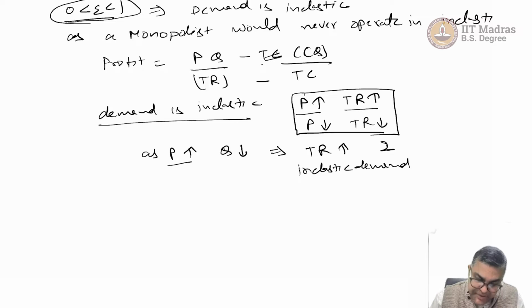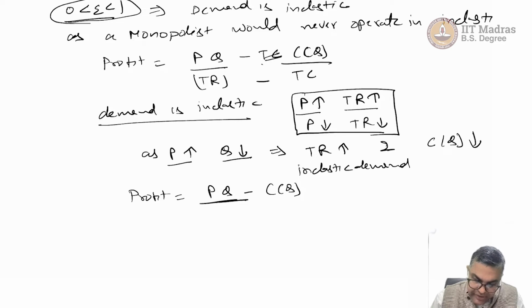And as P is going up, Q is coming down, C of Q will come down all the time. So let us look at profit. What is happening? PQ minus C of Q. This whole thing, as P is going up, let's say for epsilon between 0 and 1, PQ is going up.